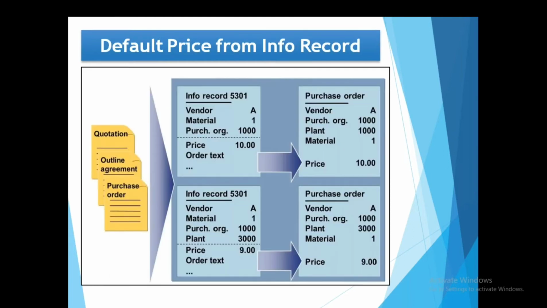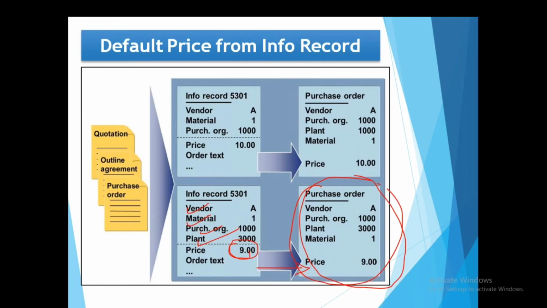Okay, so now let's move on. The info record we have created as of now is for a vendor, material, purchase organization and plant combination. So whatever price you maintain, the system will copy that price to the purchase order.